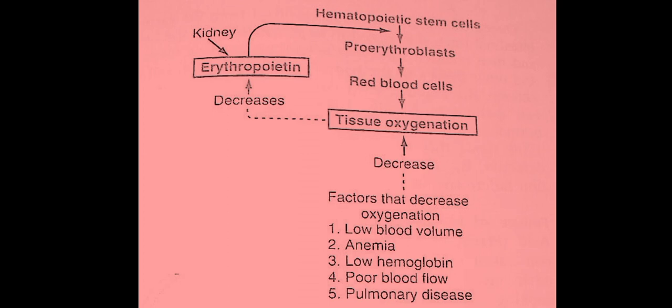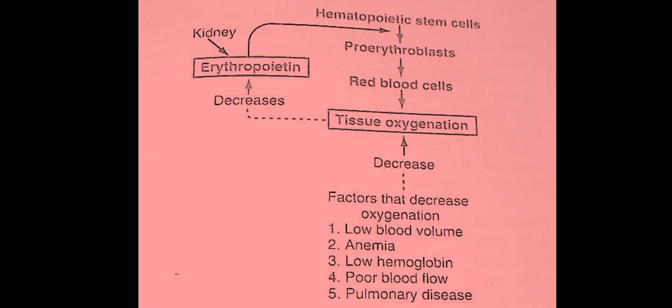Anemia is defined as either your RBC count is low, or the RBC count is normal but the concentration of hemoglobin inside the RBCs is less. Either condition is known as anemia. Both conditions are termed anemia.